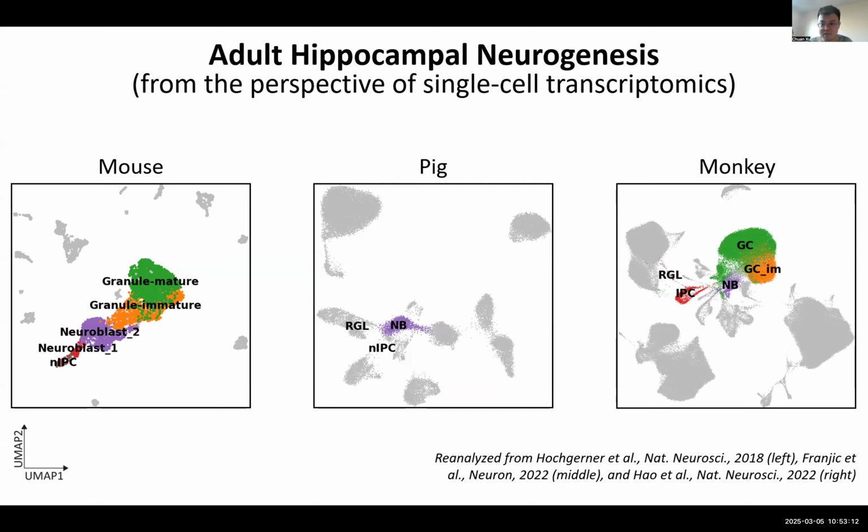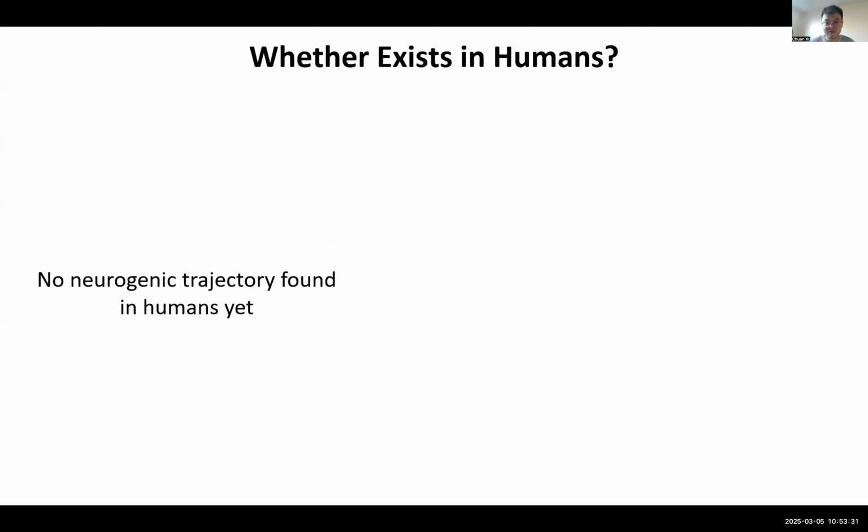And until now, based on single cell transcriptomics, a complete neurogenesis trajectory has been detected in the adult hippocampus of mouse, pig, and monkey, starting from very early immature neurons to the mature granule cells. However, based on single cell transcriptomics, no such trajectory has been found in humans.